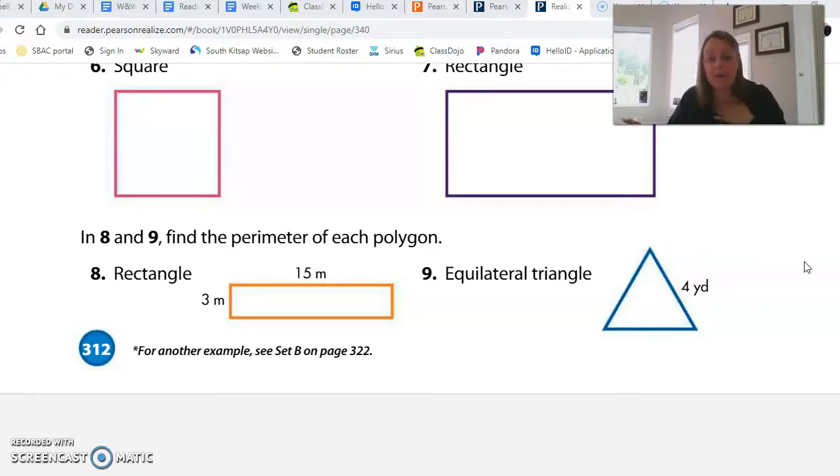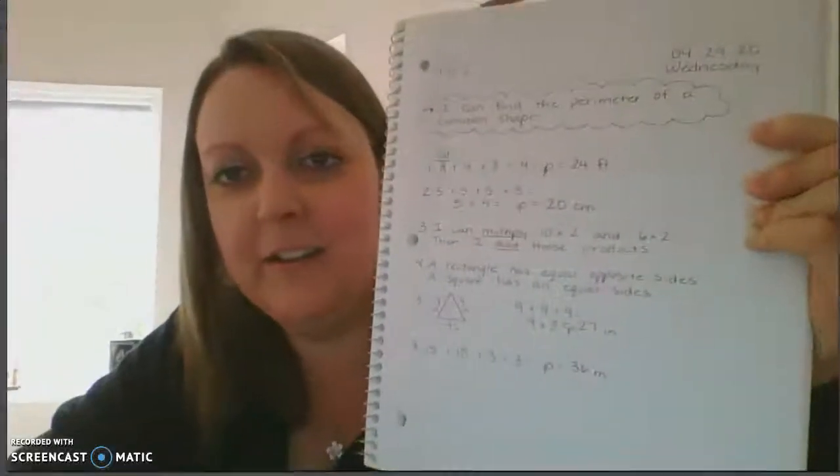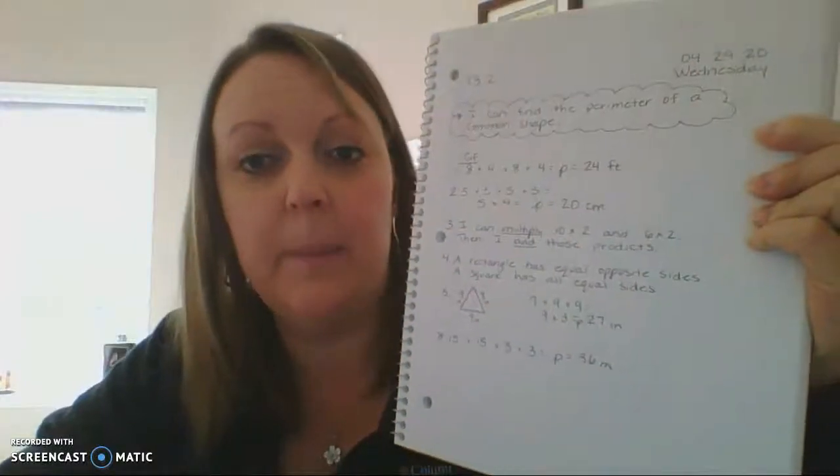Because in my mind, that's a little bit easier to figure out. Okay, now if I add 15 plus 15, okay, plus 3, plus 3. Don't forget to put your unit.